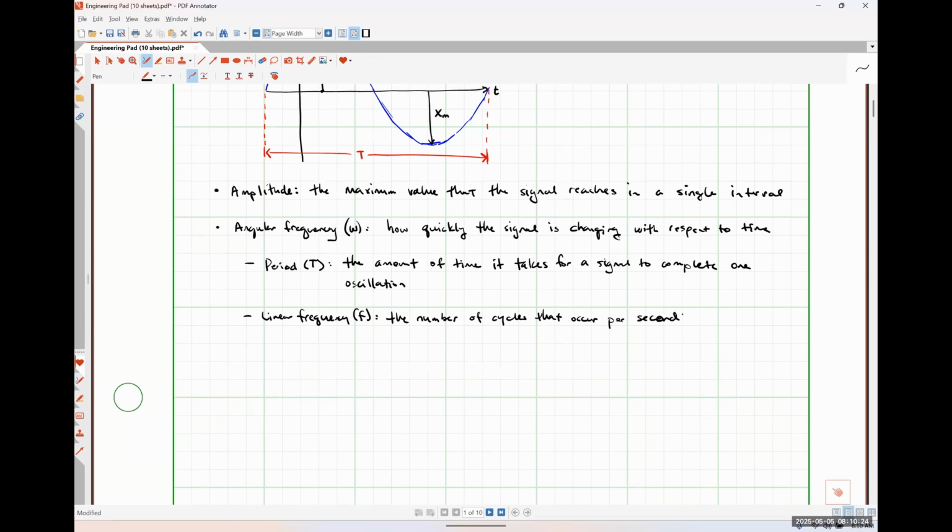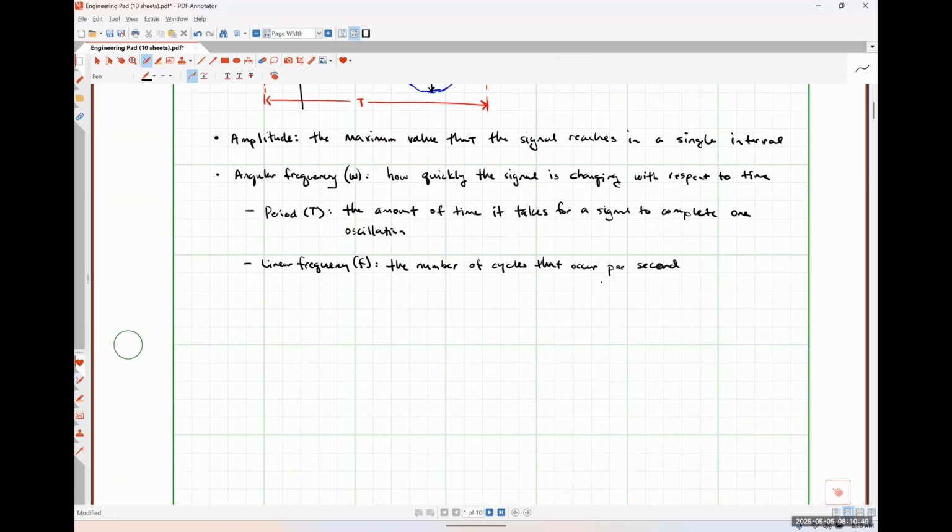And it turns out that our linear frequency and our period are just inversely related to each other, because the period represents the total amount of time it takes for one cycle to complete. So we have time per cycle, and our linear frequency is just the flip side of that. That's the number of cycles per unit time. So we could say that our linear frequency f is simply equal to 1 over our period T.